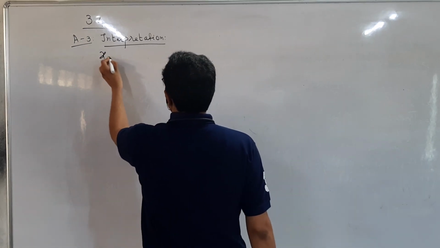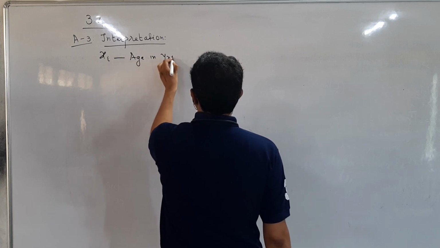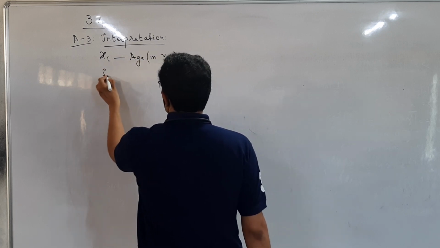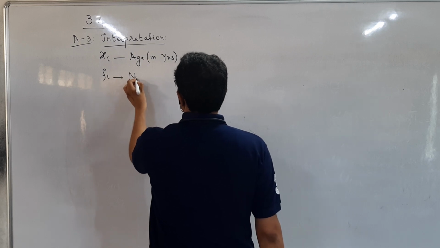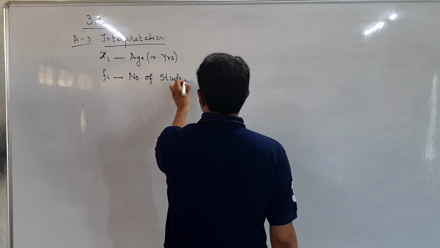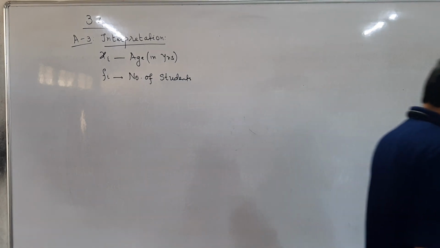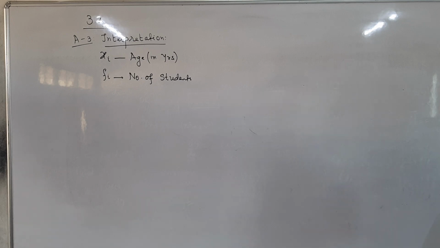Xi was age in years and Fi was number of students. This all of you know very perfectly. Now we had to find median, and the answer of median was 19 years.